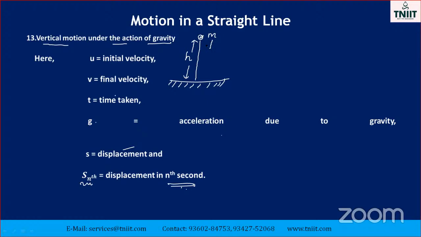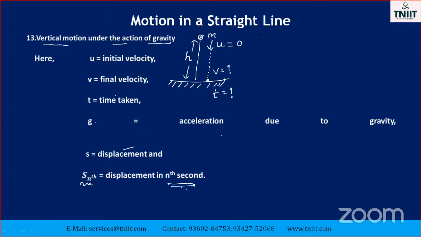If you drop this particle with initial velocity 0, this ball is going to come to the ground. Can you calculate what is the velocity when this particle comes to the ground? And what is the time taken by the particle to reach the ground?